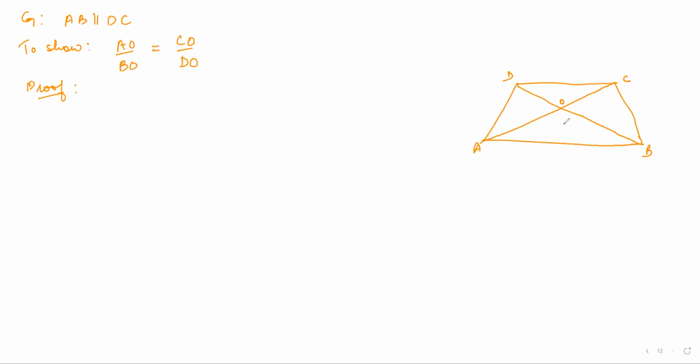Okay. Now, Sarah, because I want to use the basic proportionality theorem here, if I take, for example, this corner triangle, at least I need a parallel line here. Then only I'll be able to use BPT. So before the proof, I'll do one construction.